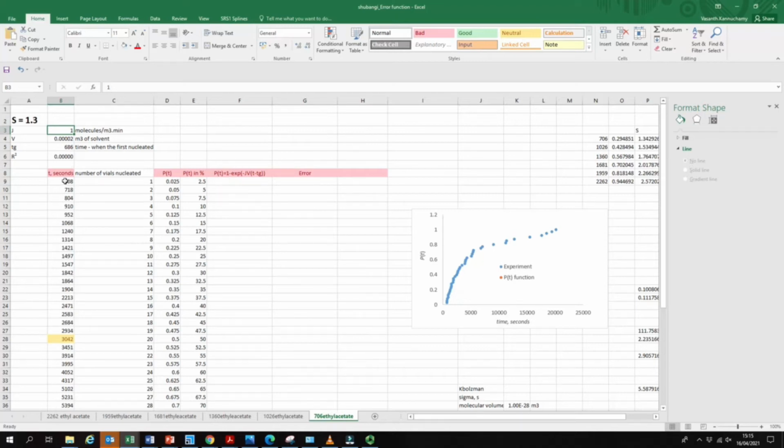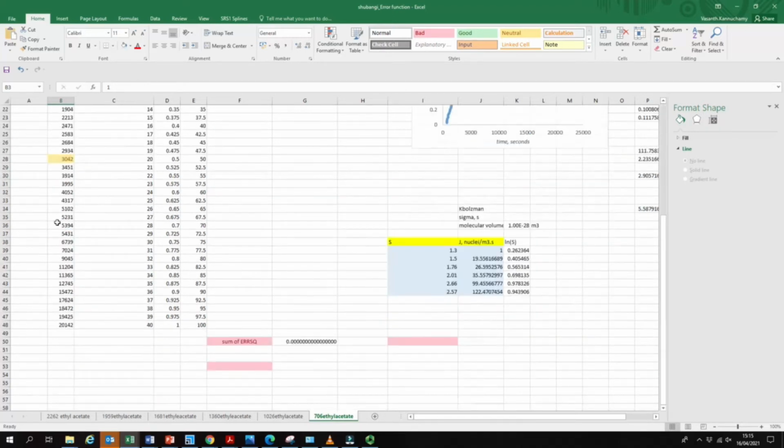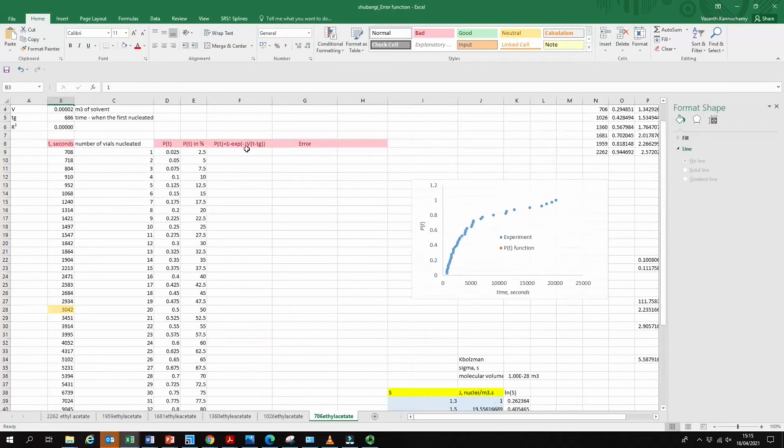Based on when your first vial nucleates, from there we know when all the vials got nucleated. If you ask if this is the correct way to get the nucleation rate, this is one of the many ways. If you have a probability, you can use this type of function. There are obviously many methods.